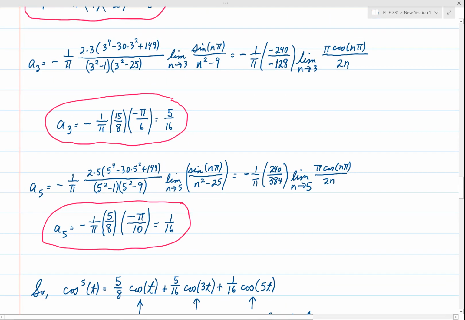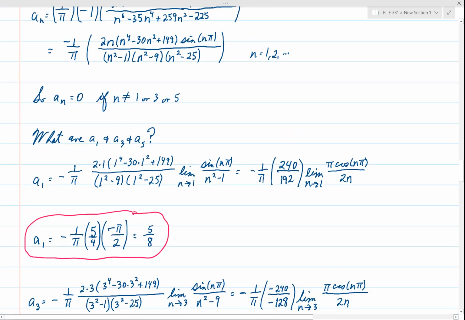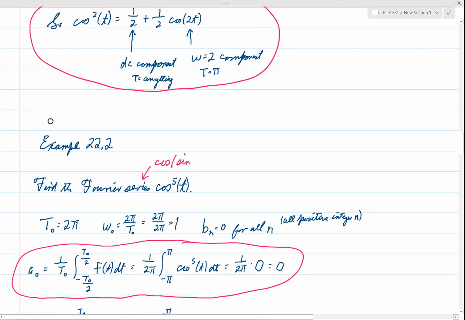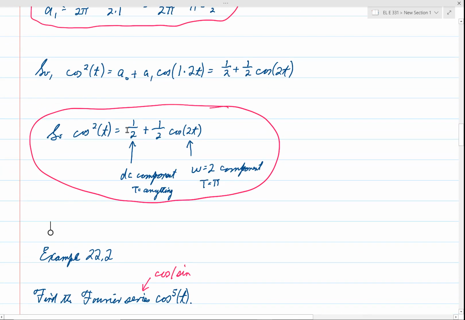But when you have an even power of cosine, like cosine squared t, then you're going to have a situation like this. You'll have a constant term plus cosine 2t plus cosine 4t plus cosine 6t, and so on.